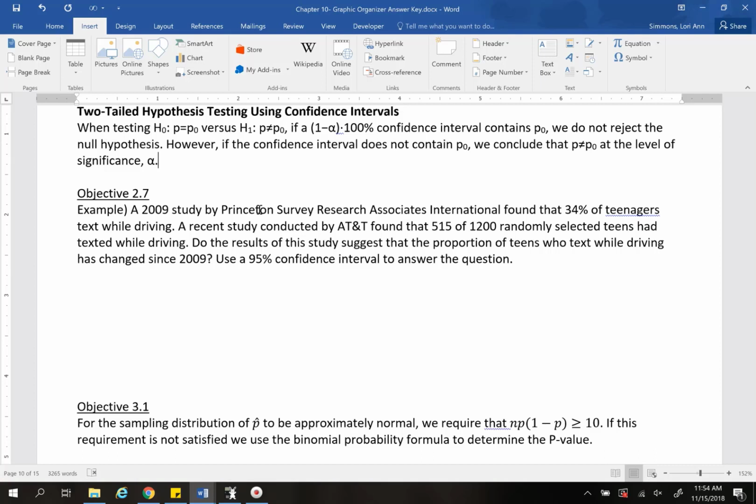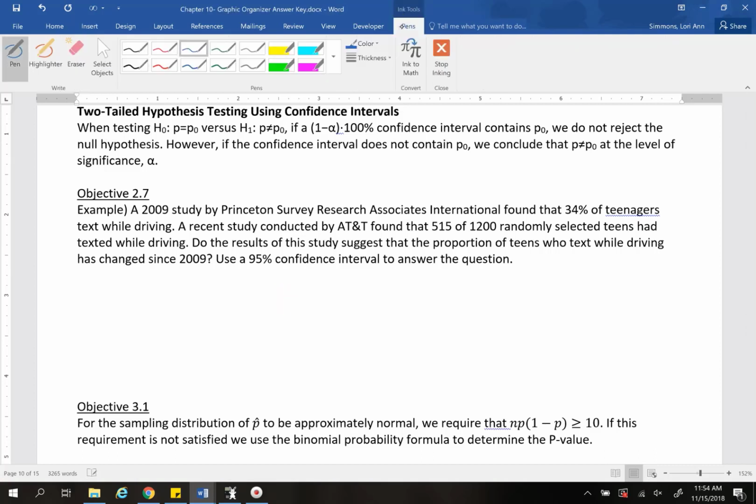Okay, if you go back to the requirements for confidence interval, they are the same as hypothesis. So is this random? Yes. What about normally distributed? We have 1,200.